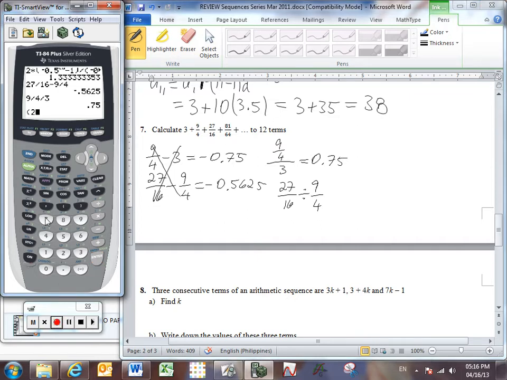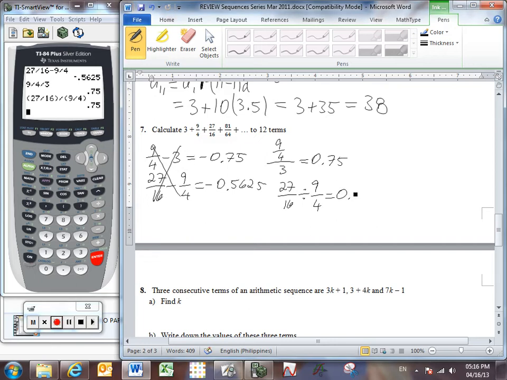I'm just going to put each fraction into parentheses. 27 over 16 divided by 9 over 4 gives me, hey, again, 0.75. So clearly this is a geometric sequence. And so it wants us now to calculate the sum of this geometric sequence to 12 terms.